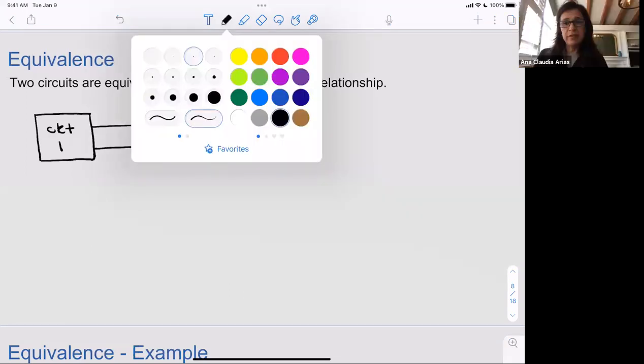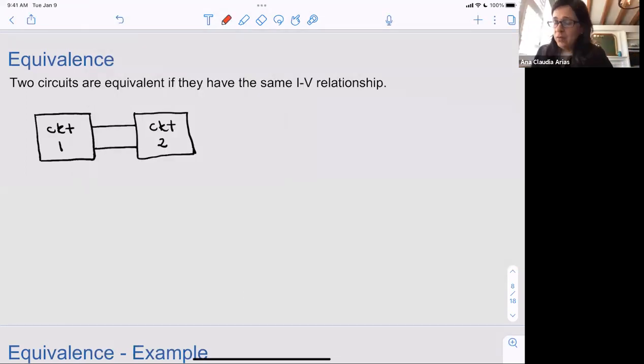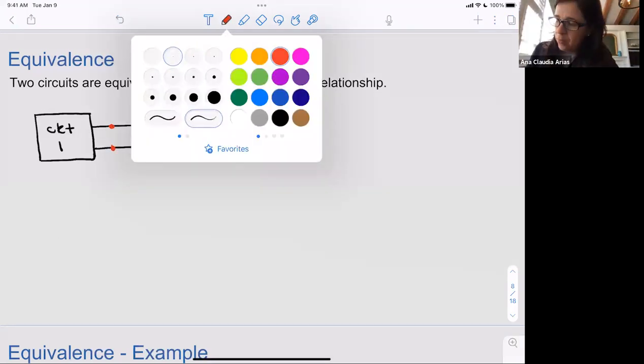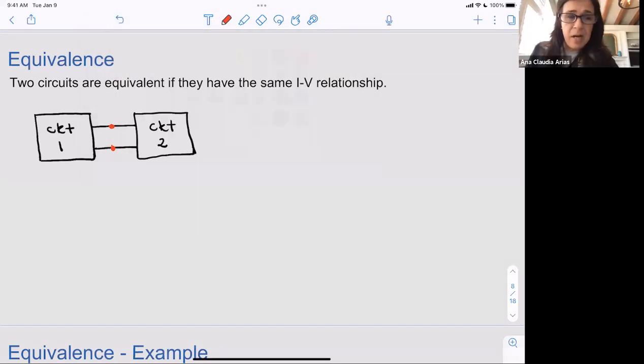Then how do these circuits know of each other's existences? They only know of each other's existences because if we take a point here where there is a connection between them, we will be able to measure a voltage across, which we call V out. It's coming out of this block that we are designing.